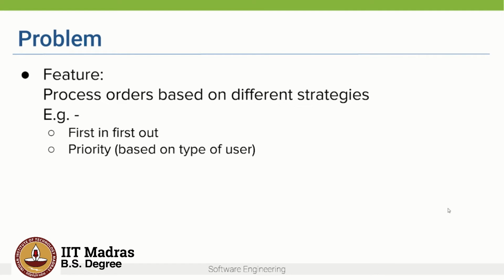Another type of strategy can be based on priority, right, or based on type of user. So let's say prime users or super users receive a higher priority and hence their orders are processed first, whereas normal users' orders are processed later, right?